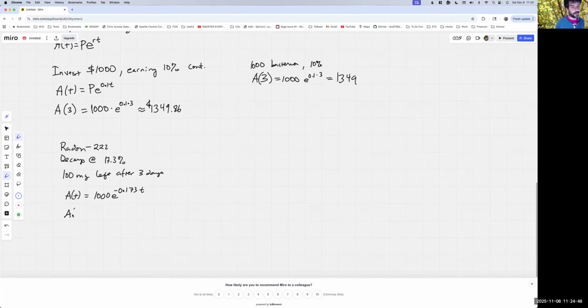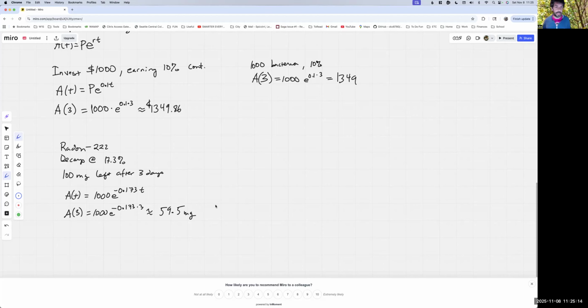And if we wanted to know how much after 3 days, we plug in our 3, negative 0.173 times 3, and I got approximately 59.5. What were we in? Milligrams, did I say? Yeah, milligrams. All right, and so this will describe exponential decay as well as exponential growth.